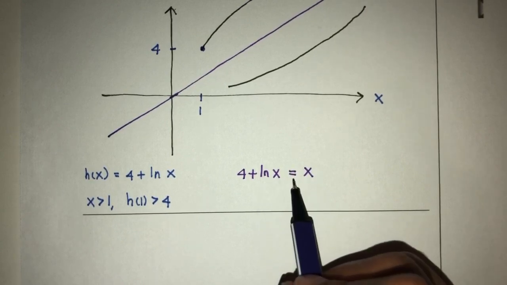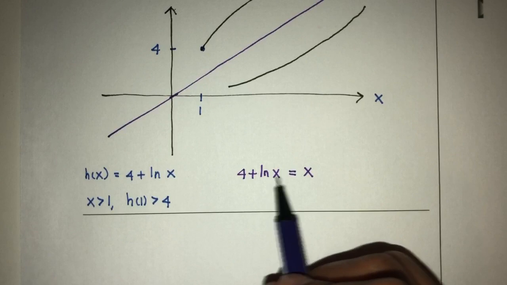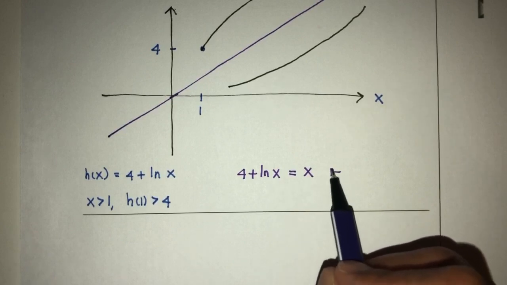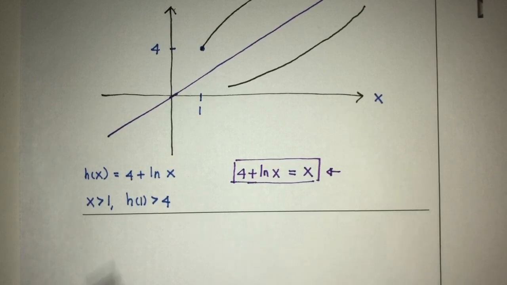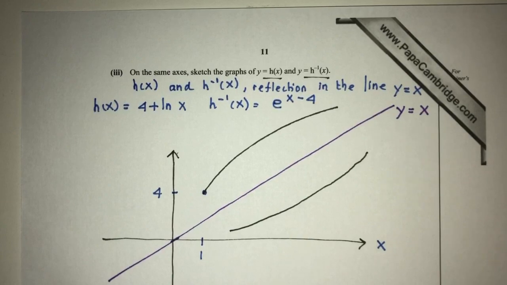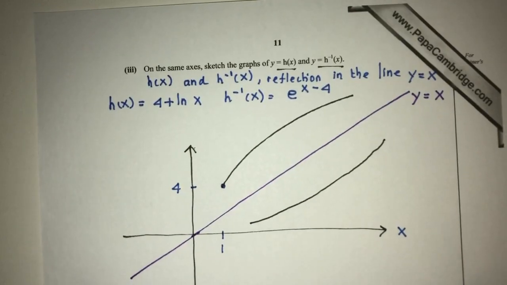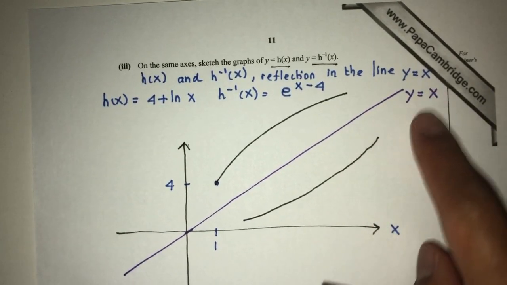This is hard to solve. So it's basically not possible here. You are not taught how to solve this as of right now, so it will not be possible for you. So right now, as you can see, you will not meet the line itself. I will just leave it as this for your answer. The main idea is actually to show that it is a reflection in the line y equal to x.